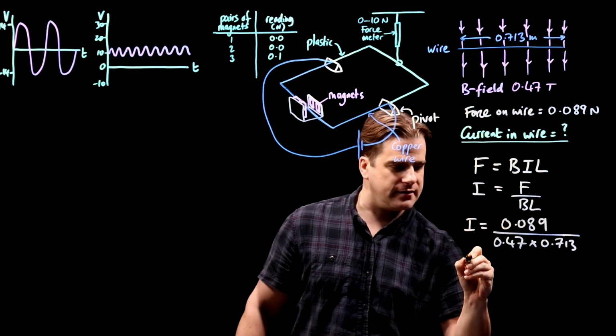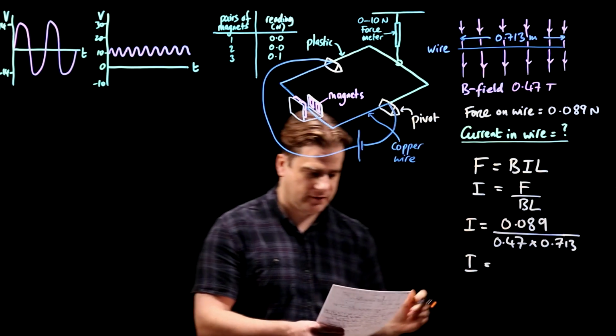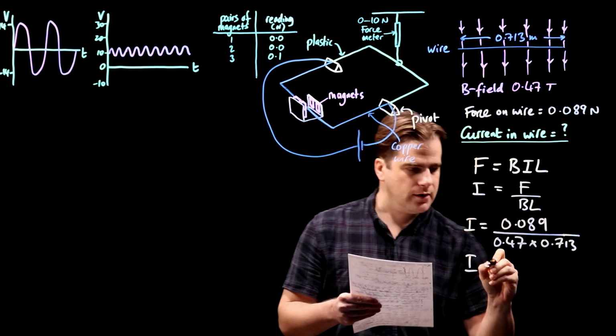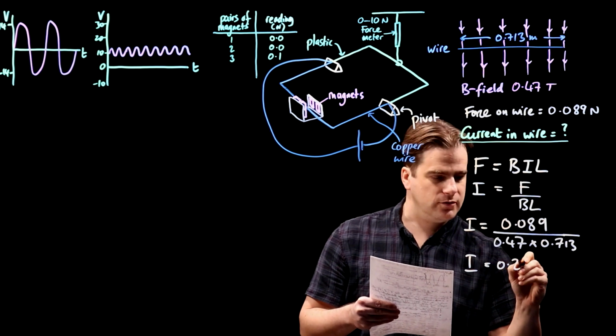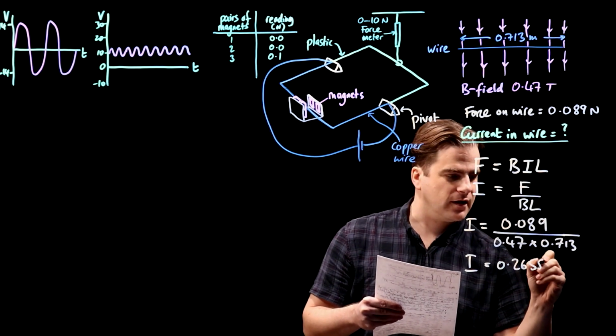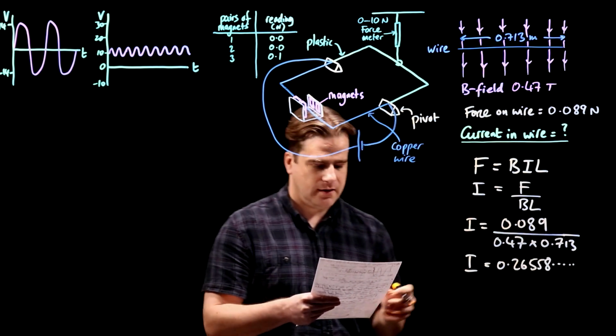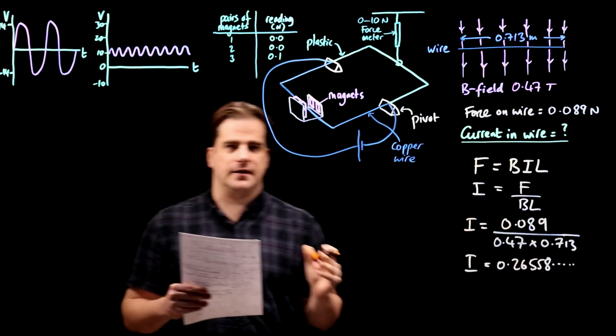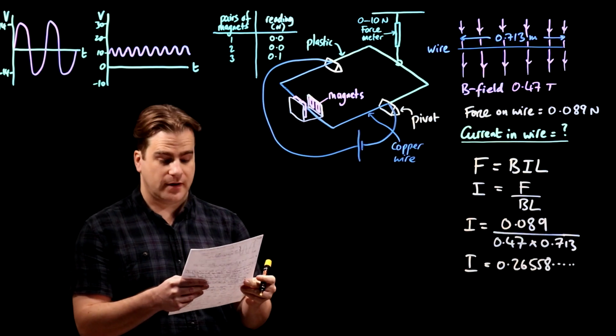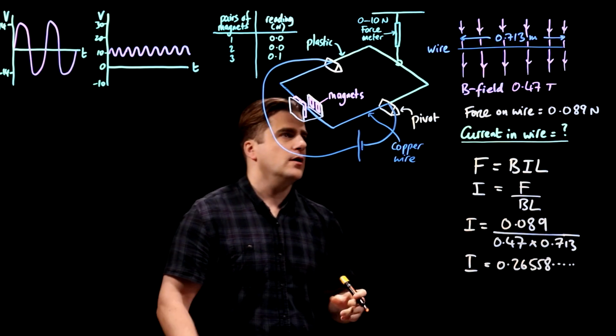Stick that in your calculator and you get the current to be 0.26558 something something something. And it says give your answer to an appropriate number of significant figures.